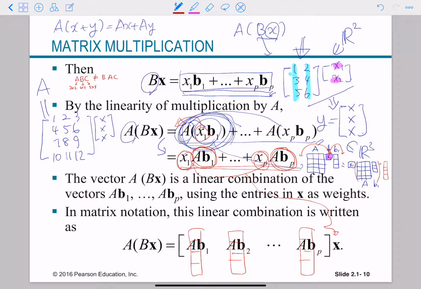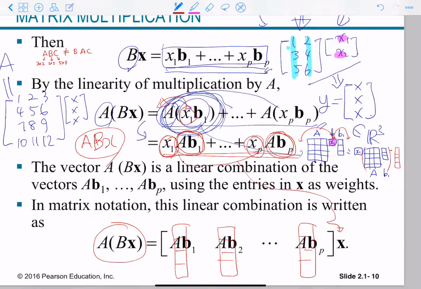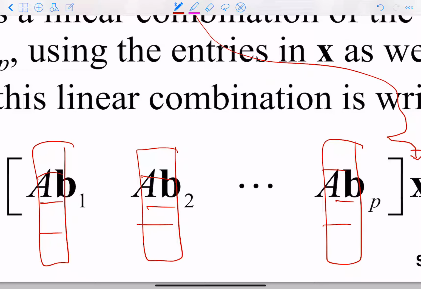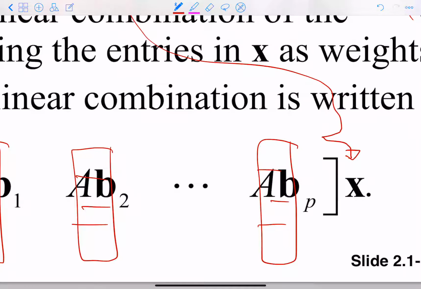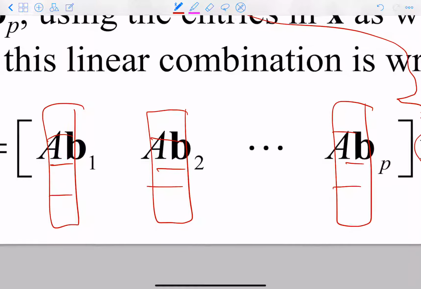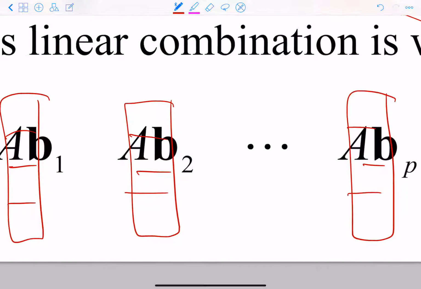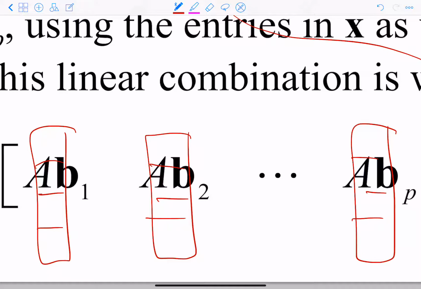So from here we can see that A times Bx, in general ABx, as a composite function, can be viewed as follows: we first compute the matrix multiplication of A and B, which is represented in this form, and then once obtaining that matrix, we perform the linear combination of these columns by using the coefficient vector x, okay? And then let's look at this matrix.